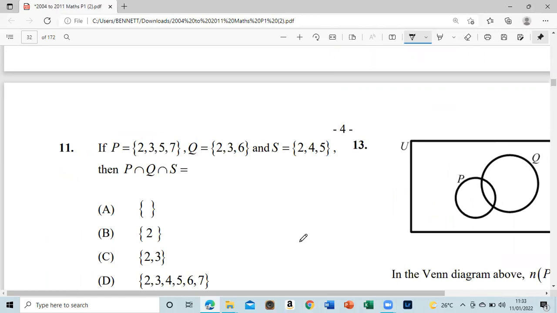If P is equal to 2, 3, 5, and 7, Q is equal to 2, 3, 6, and S is equal to 2, 4, 5, then P intersect Q intersect S is equal to, now intersection means what is common. So we're going to look at what number is in P, is in Q, and is in S. It's in all three.